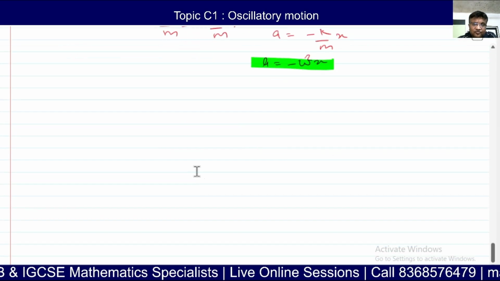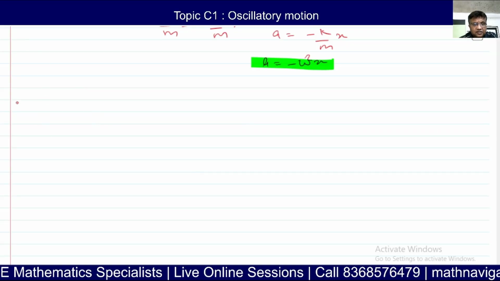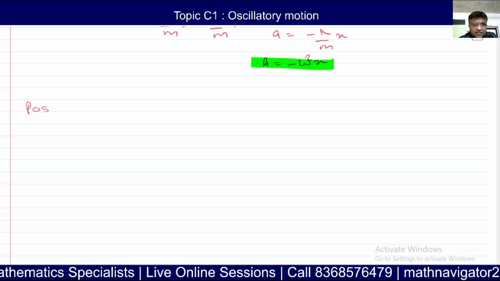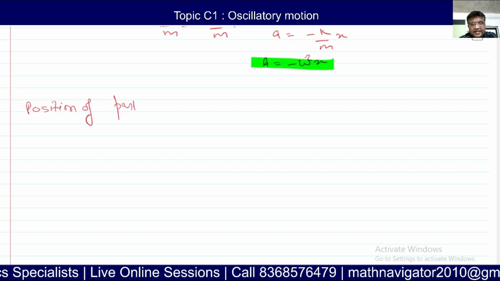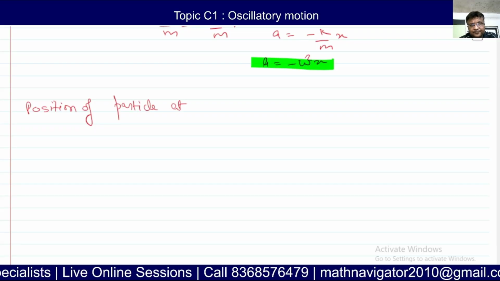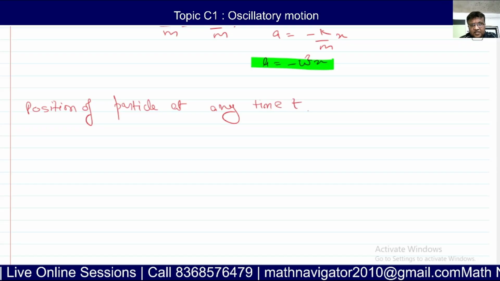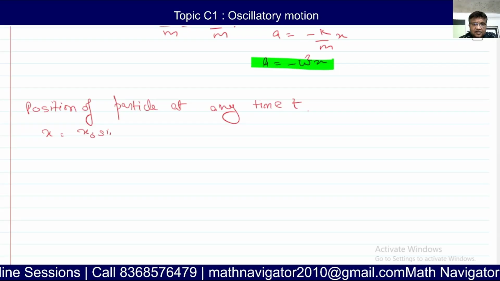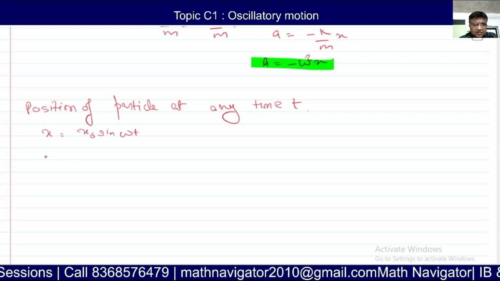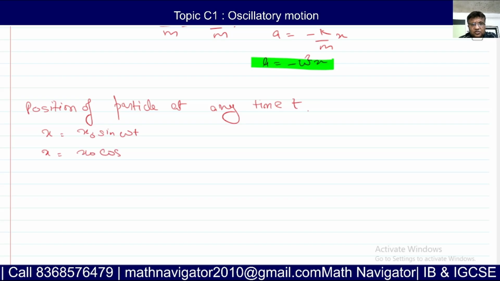So let's try to find the position of the particle at any time. I know x is equal to x naught sine omega t, or x is equal to x naught cos omega t.